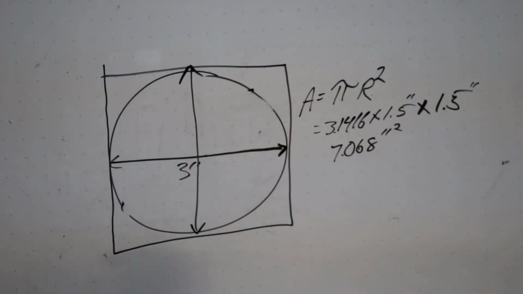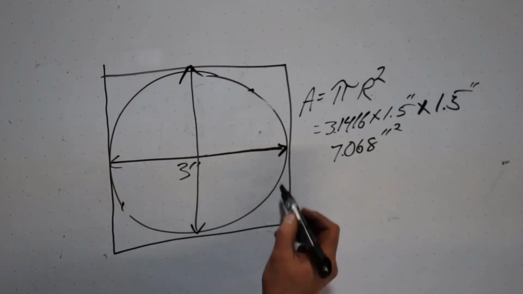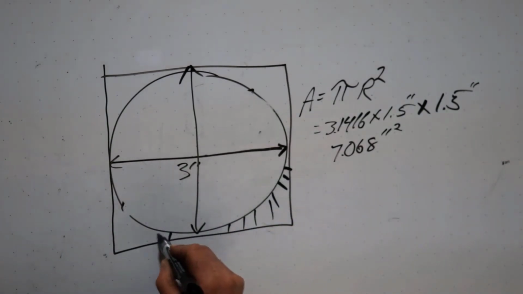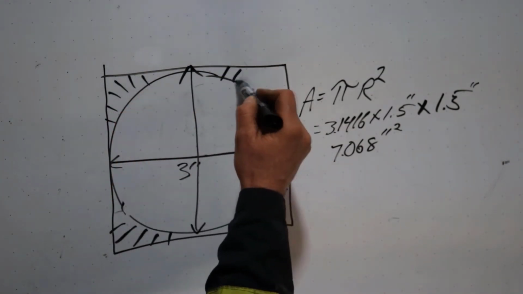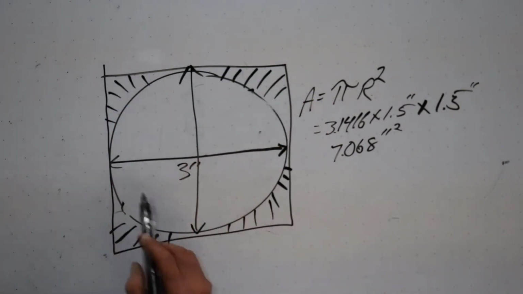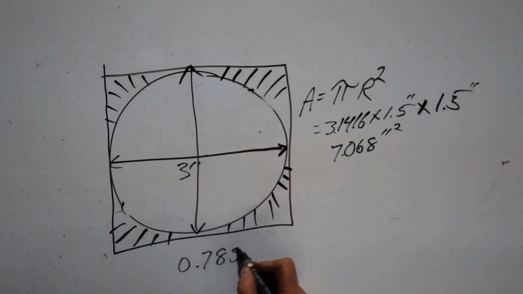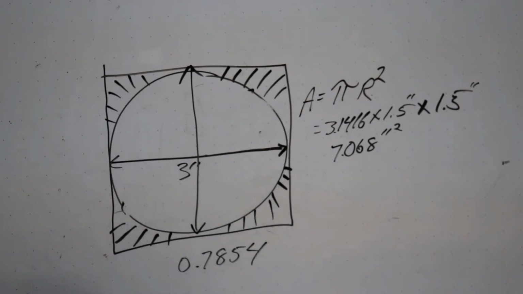Somebody figured out that the area of this is just over 3/4 of the entire square. So if I got rid of all of these little chunks over here, this area left over is 0.7854, so just over 3/4 of that entire squared area.